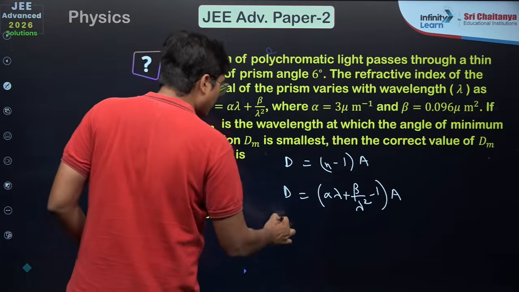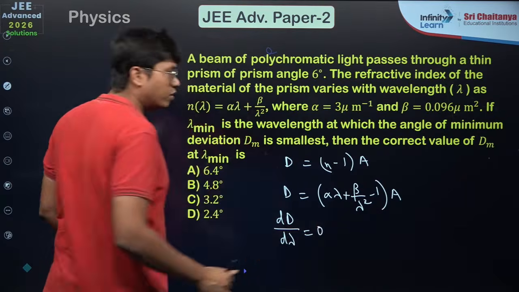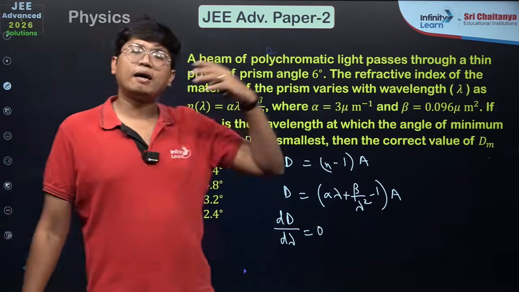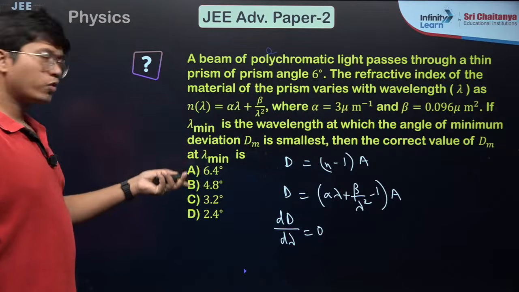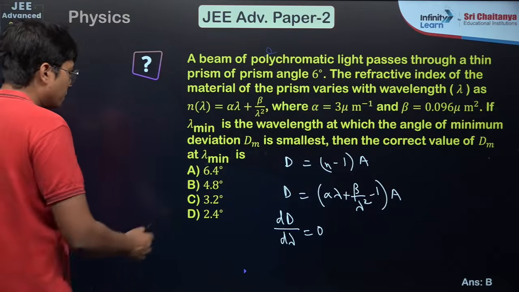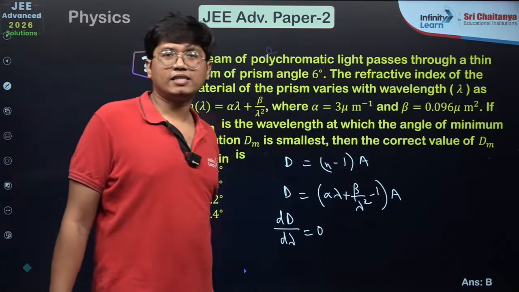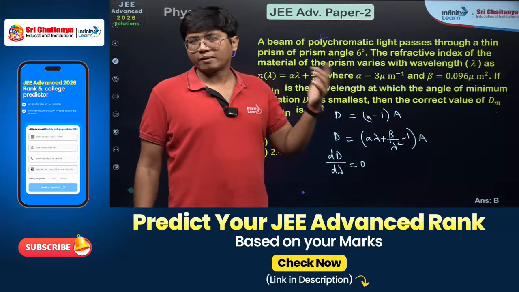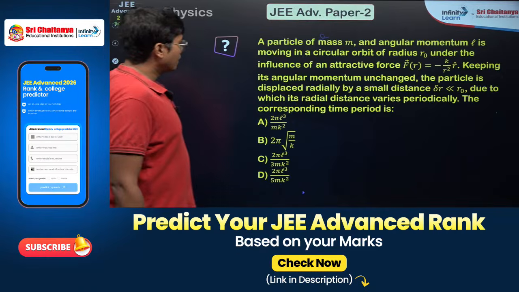Go for d by d lambda equal to 0. You get values of lambda, apply a second derivative on it to check basically for the minima value, and I'm not going into calculations here, it's just calculations past this, so it will give you option B. I think this was like the easiest straightforward question. Like if this would come in mains, no one would really bother about it.